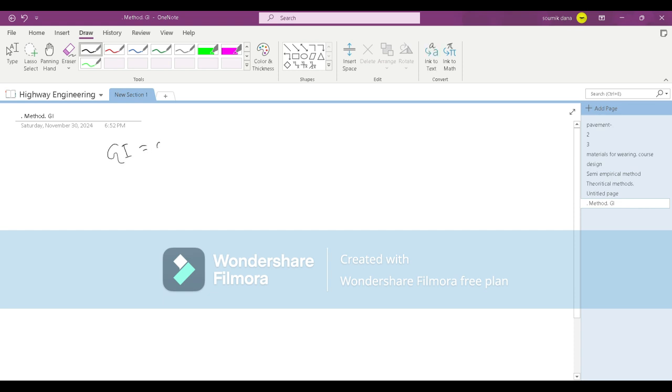Group index is equal to 0.2a plus 0.005ac plus 0.01bd. So what is A? A is equal to P minus 35, not greater than 40.